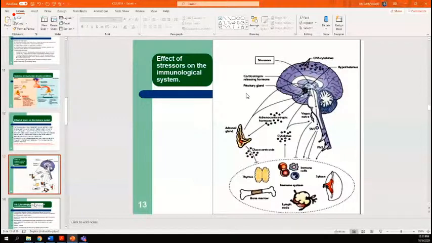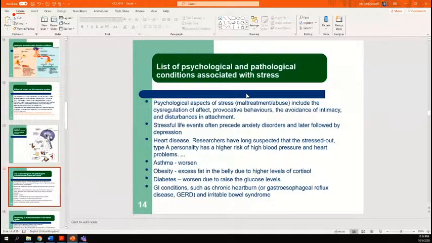Okay, so any questions about the effect of stress on the immune system? Wait, sorry, doctor. That means in people who have chronic stress, they have fewer cytokines, right? They have more of what is sometimes called pro-inflammatory cytokine, and there is also anti-inflammatory cytokine.